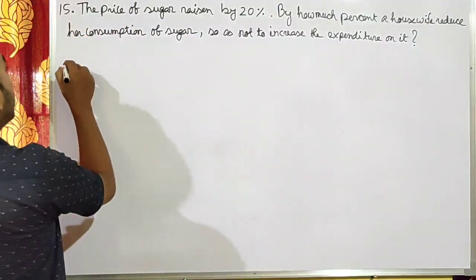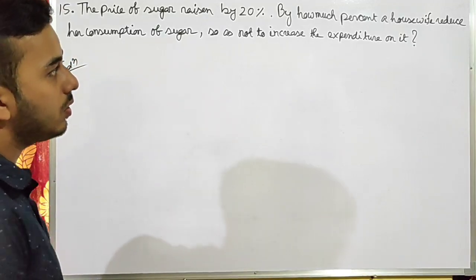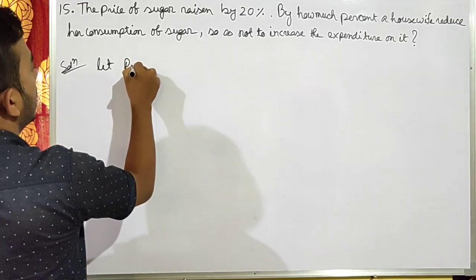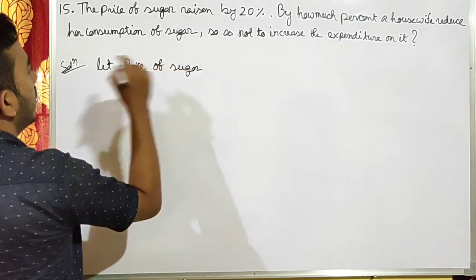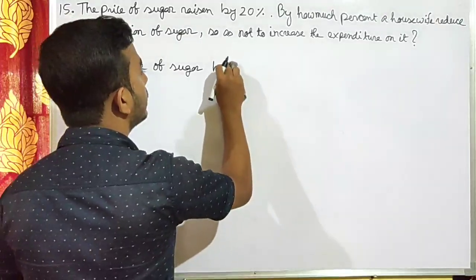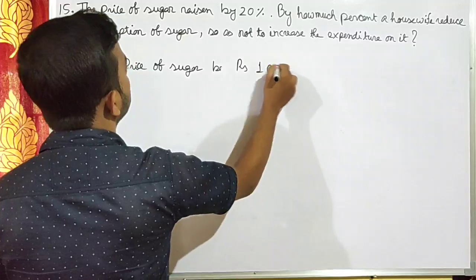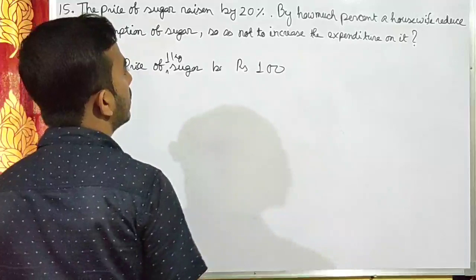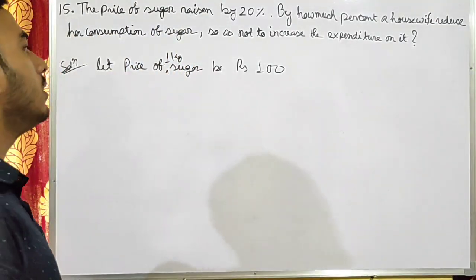This is the price of 1 kg sugar. Let the price of 1 kg sugar be rupees 100.